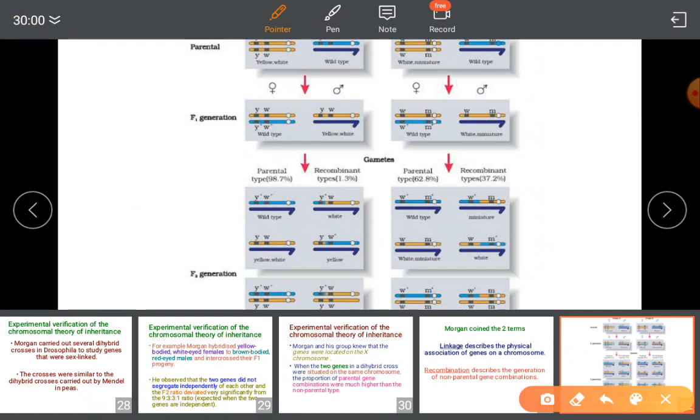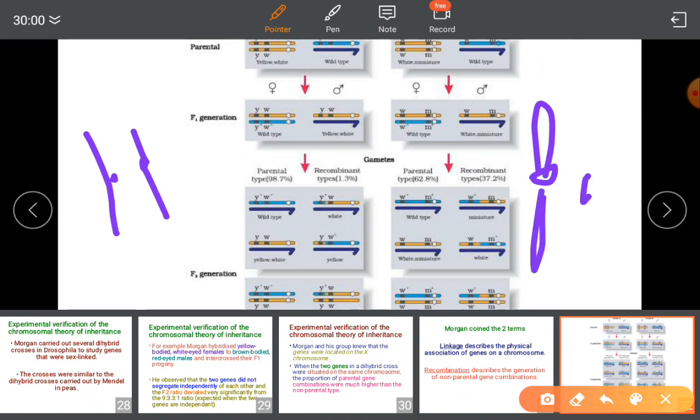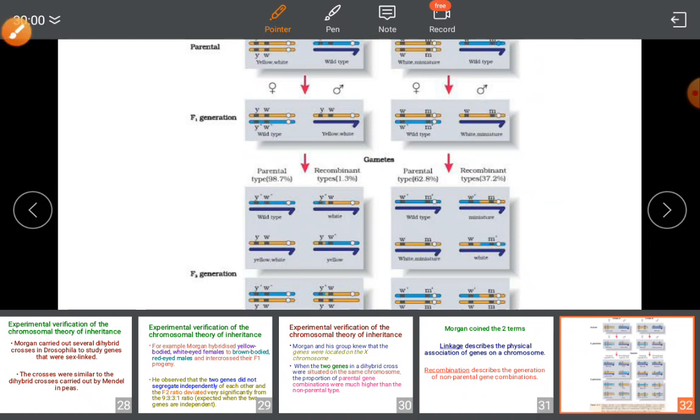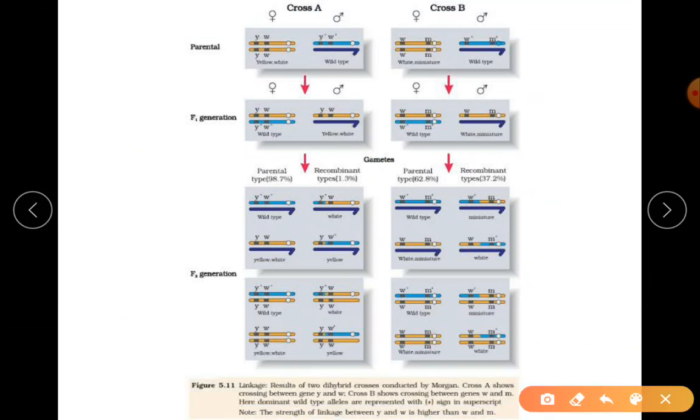Remember, we show females as straight, whereas males are shown differently. The hook-like structure you find is the Y chromosome, and that is why we call the sex chromosome in males hemizygous. Let us go a little further.